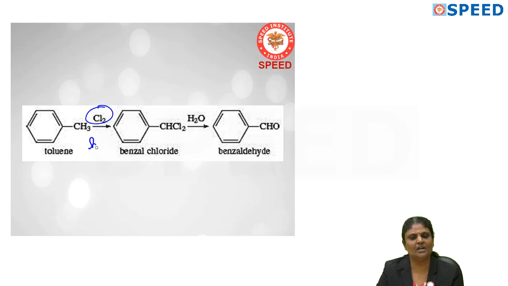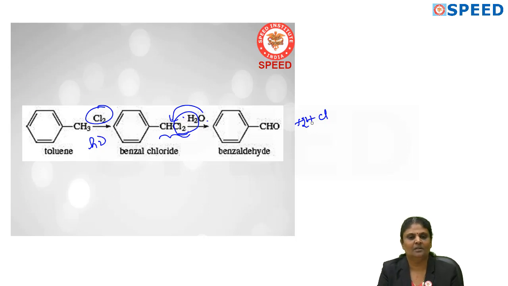Chlorination occurs in the presence of light, so this CH3 becomes CHCl2. And then the third step, addition of water. The oxygen attaches here, and the two Cl combine with H to form HCl, so 2 molecules of HCl.